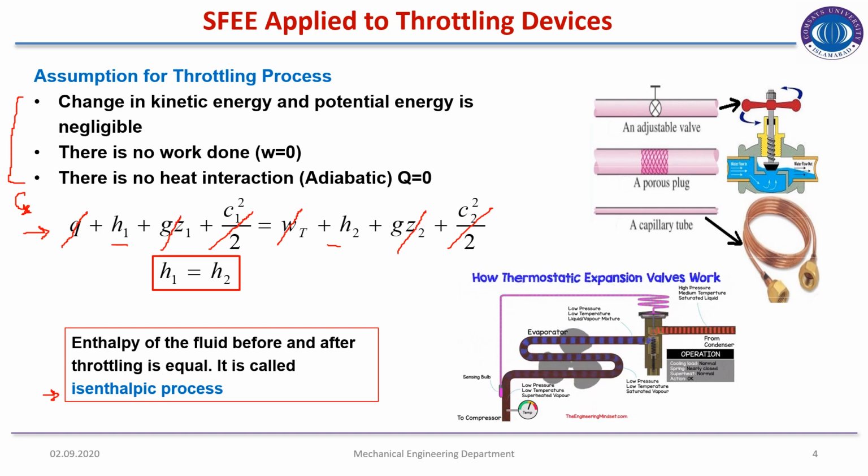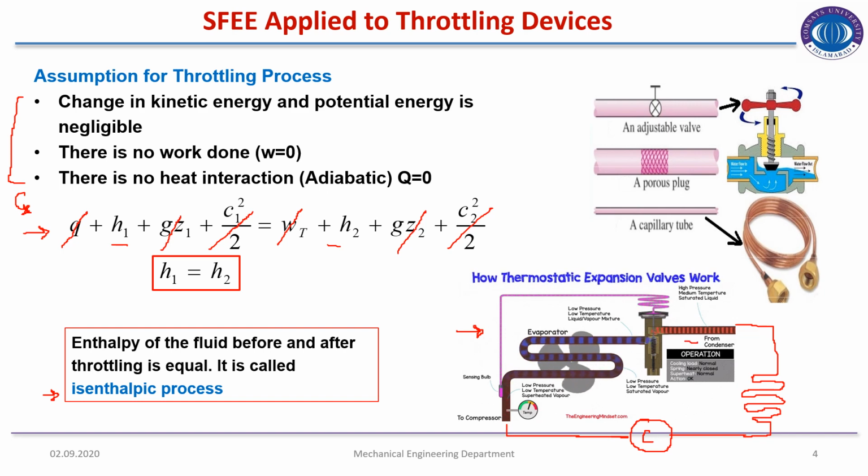On the right hand side you can see an animation of a refrigeration system. It is a part of a refrigeration system. Here you will know there will be a compressor. I will just write C, and you know that there will be a condenser.